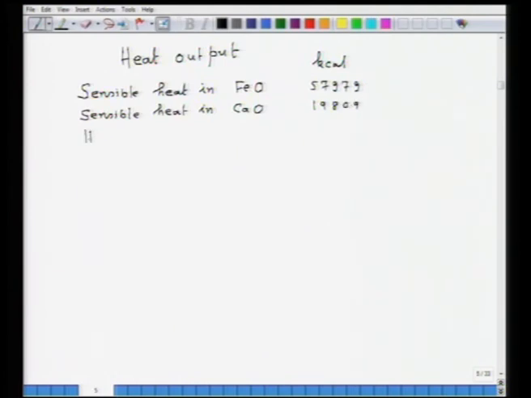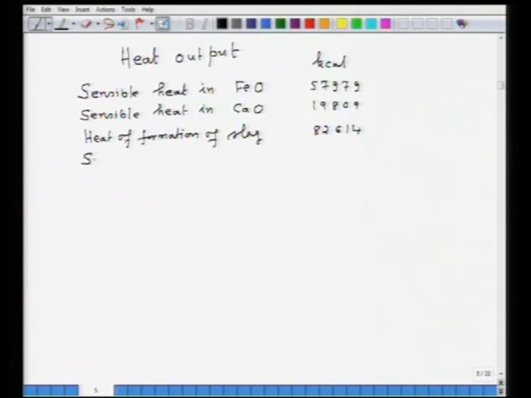Heat of formation of slag is 82614 kilocalorie.